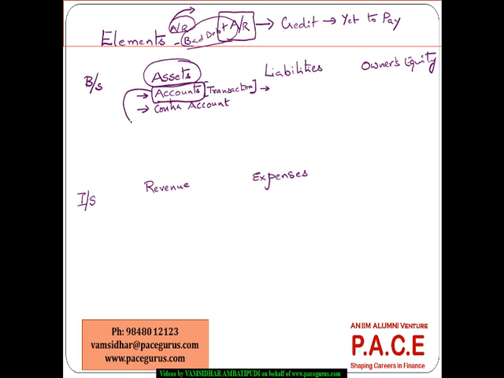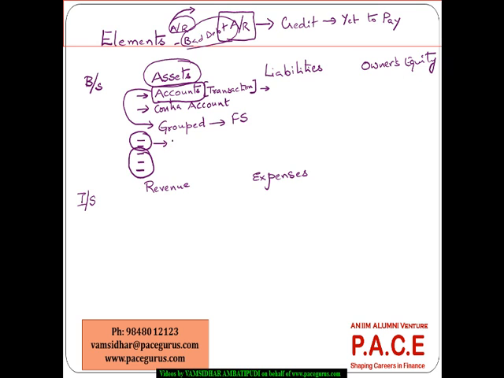Now, a few of these accounts are typically grouped, and the group of accounts with a group heading is typically presented in the financial statement, which means the financial statement does not contain all the accounts, but it typically contains a group of accounts grouped with one unique name.